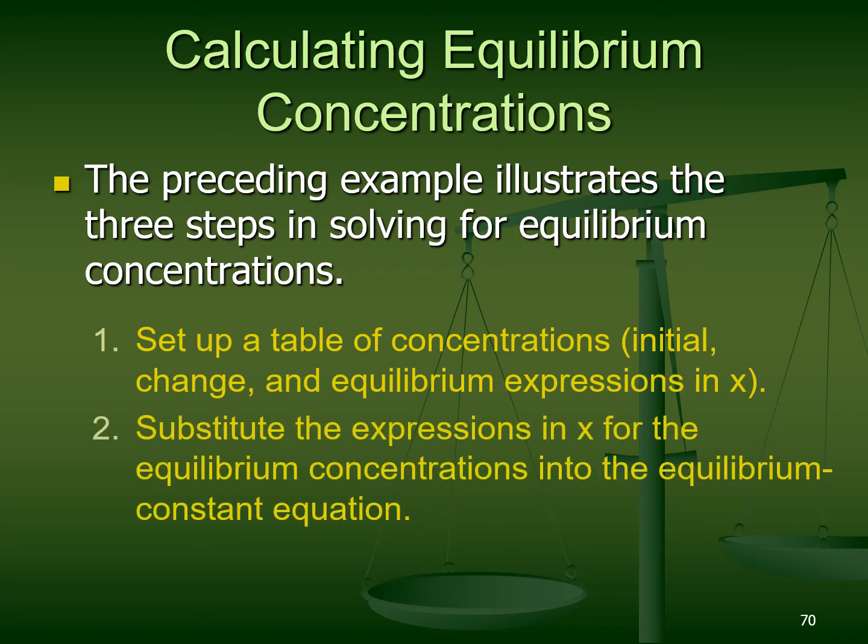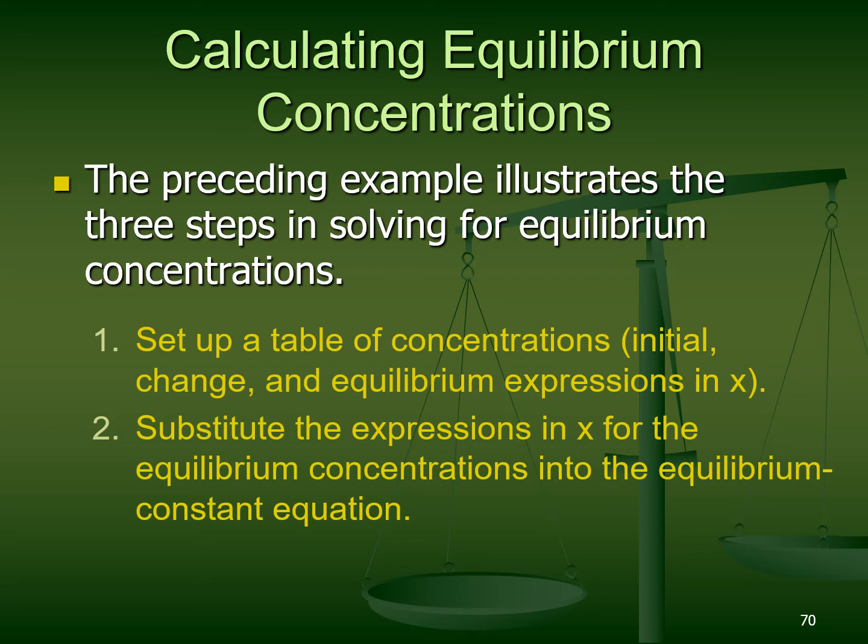Then what you're going to do is substitute each of those into the K expression. You're given the K value, and you know your products divided by reactants raised to their coefficients. So you're going to plug those expressions in.